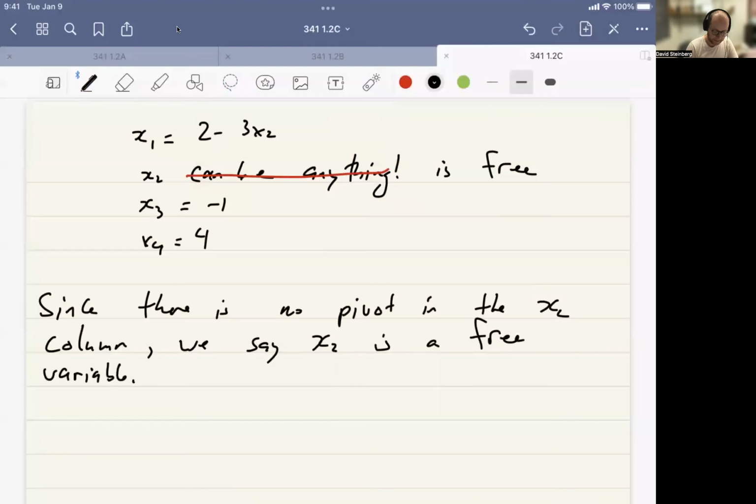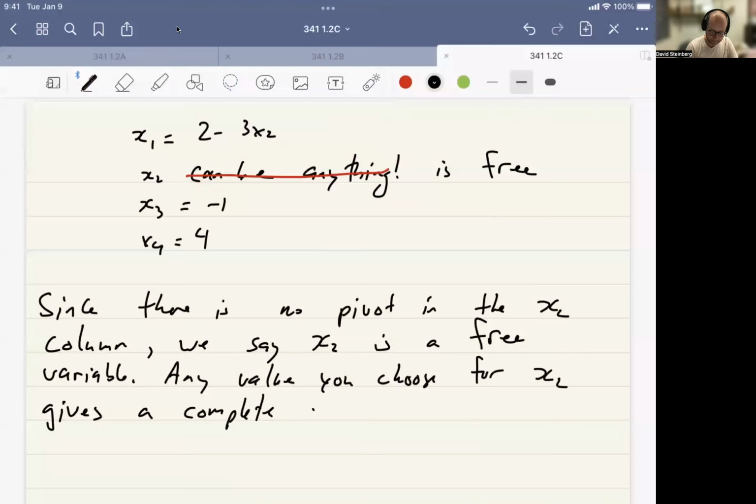In other words, any value you choose for x2 gives a complete solution to our system, to our linear system.